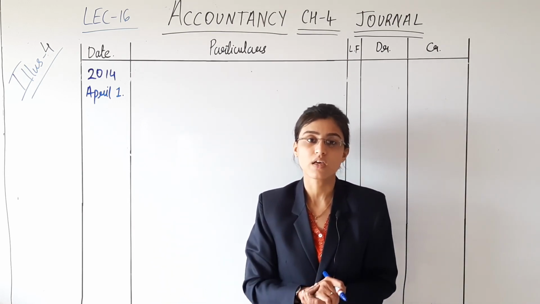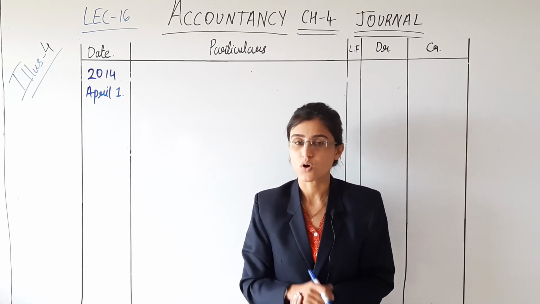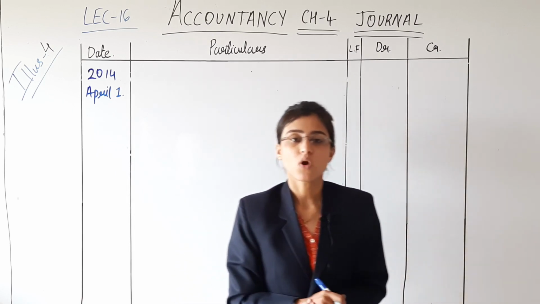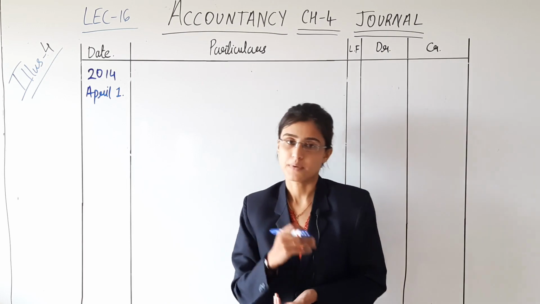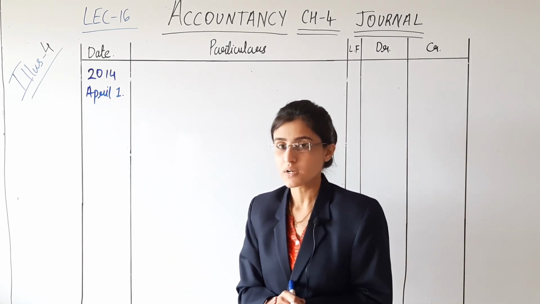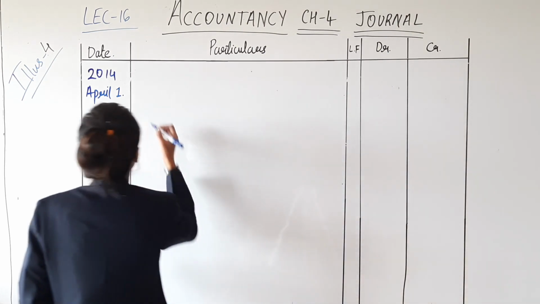Assets always have a debit balance, and these assets have been brought in the business for commencement of business. So anything brought in the business for commencement of business is capital. So these assets, we are going to debit them. So firstly, cash account debit.